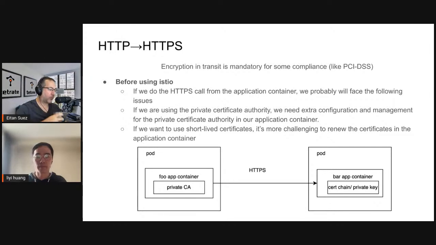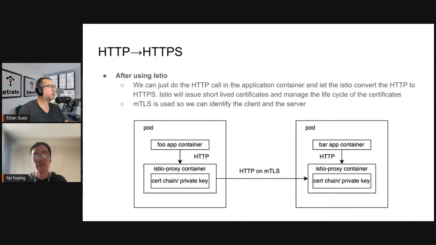And if we have Istio, one of the biggest benefits is we can just let the application do the HTTP call, and let Istio understand your HTTP and convert that HTTP to HTTPS.